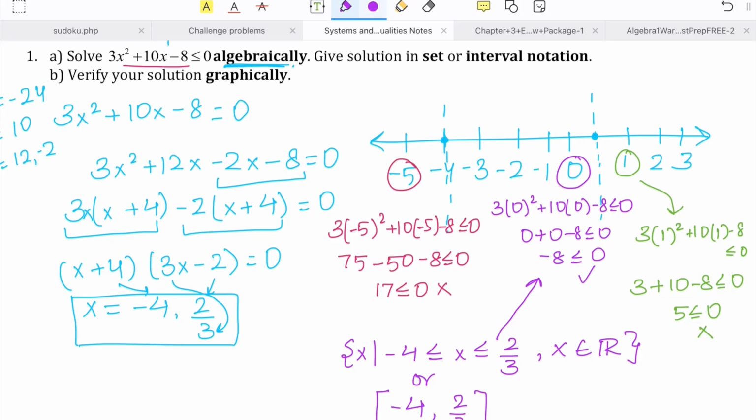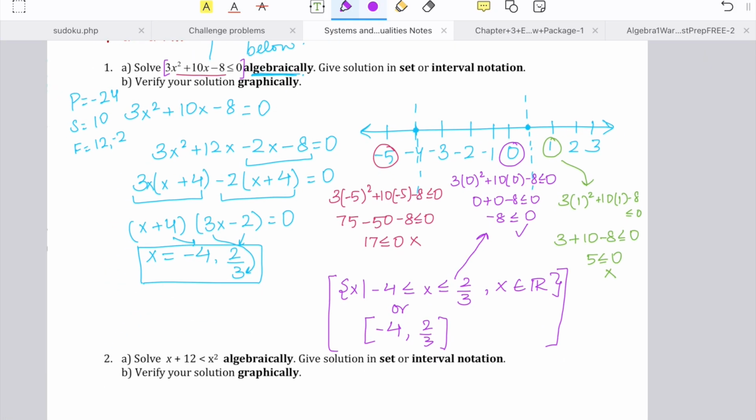Okay, guys, that's it. Now remember, this is your solution and you will only have x as your solution. You won't have y as your solution because y is not part of the equation. Only one variable.